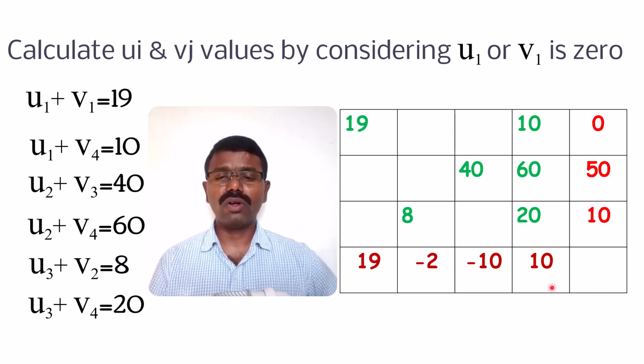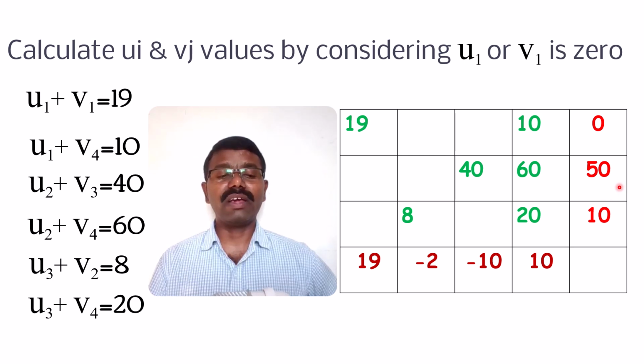So the v4 cell is this, you write the value here. Then you also got the v4 value. If you go to the v4 cell here, v4 is equal to 10. If you substitute the v4 value in this equation, u2 is equal to 60 minus v4, v4 is 10, 60 minus 10, 50.